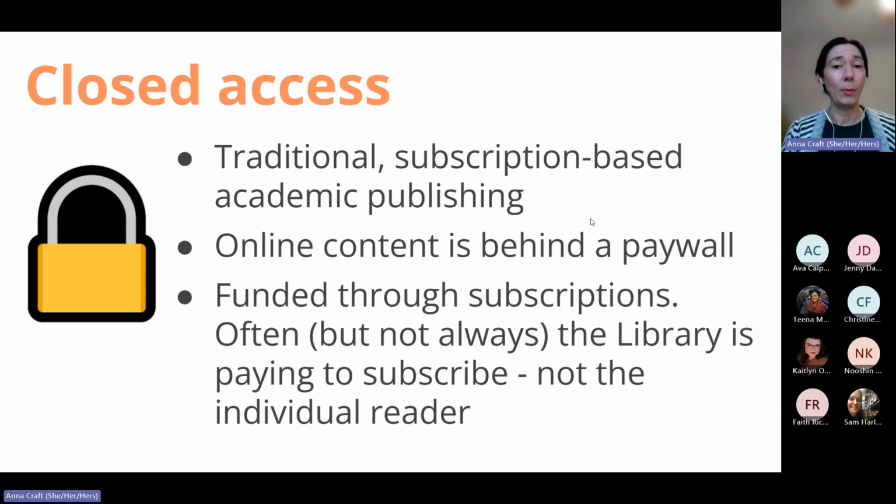In the online world, it's behind a paywall, so only subscribers or people affiliated with subscribing institutions can get to that content. The funding comes through those subscriptions, usually from the library or institution, though in some cases an individual might choose to pay.